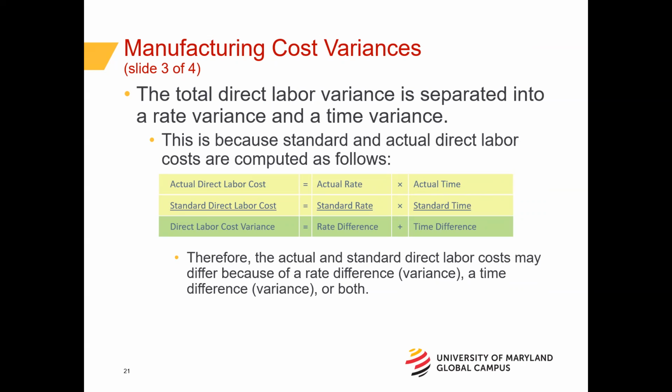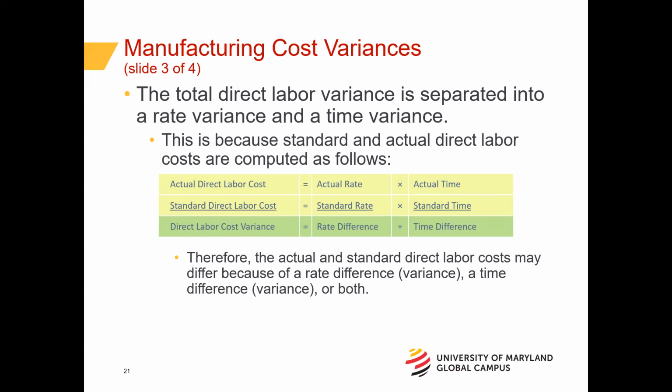The actual direct labor cost is the actual rate, actual dollars per hour, times the actual time used. We find the standard direct labor cost by taking the standard rate, that's the planned or budgeted dollars per hour, times the standard time, the budgeted time for the manufacturing.